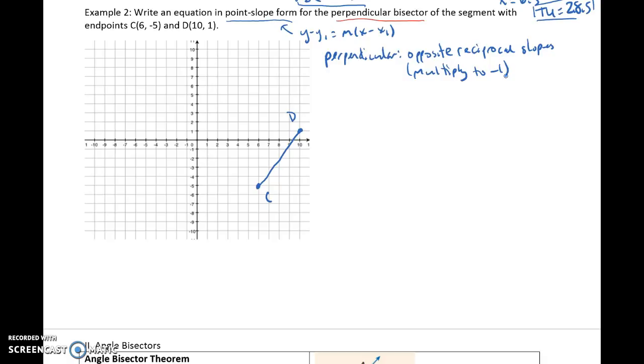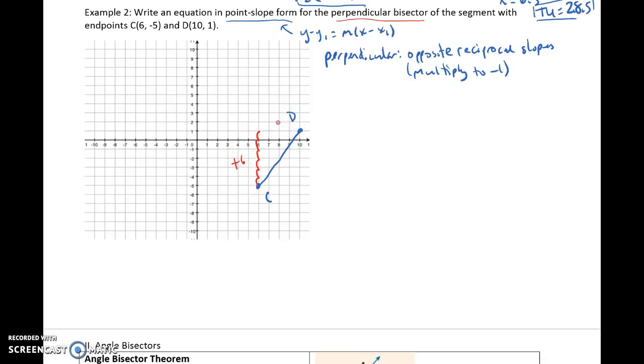So to find that slope, I'm going to take the original slope and do the opposite reciprocal of that. And this is where I kind of like to count rise and run, but you can use your slope formula if you'd like. From C to D, it's up 1, 2, 3, 4, 5, 6.